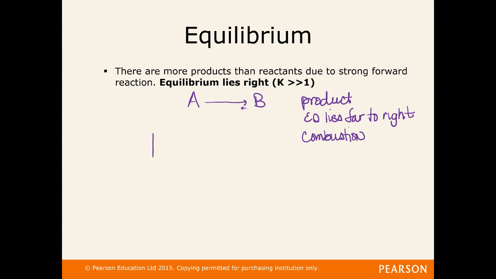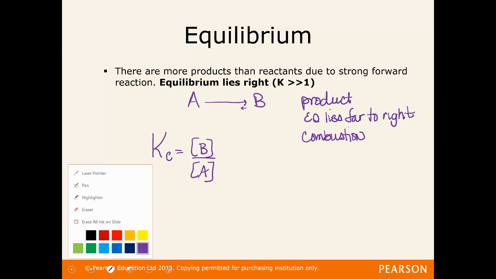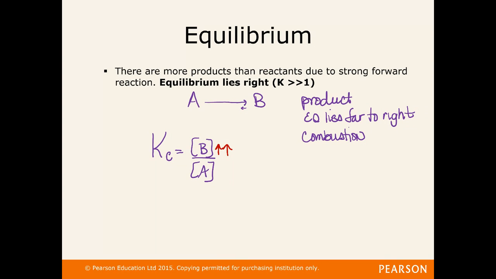So when we write the Kc value for this, when equilibrium hits and those rates equalize, you're going to have a huge amount of B. And what does that mean? Kc will be gigantic.